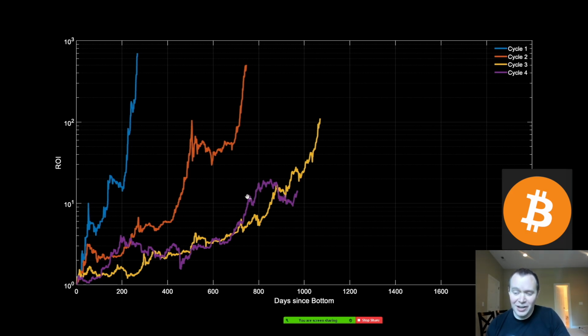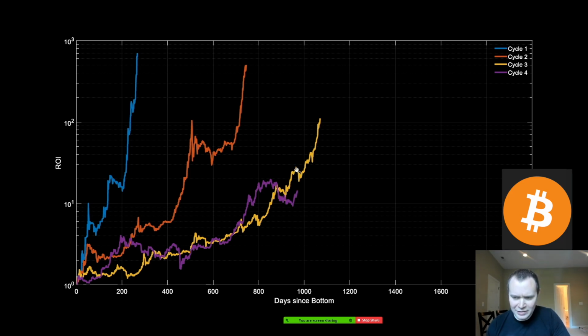And honestly, it took longer than I thought it was going to take to fall below it. But now we're below it, and I'm very skeptical that we can get back above it. To get back above it now, we'd have to go up to like 90K within the next month or two. Right now it's coming in on a dip.